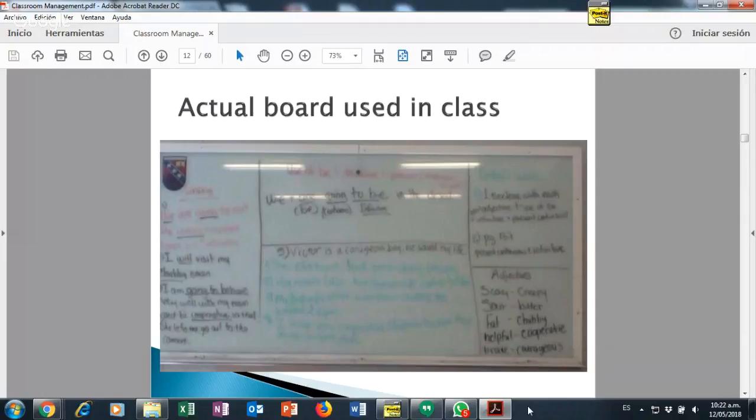And of course, when she was there, this is what I did. We were doing the going to for the future, and I started writing on the board. And she said, congratulations, you did a great job with your board, and I want to have a picture of your board to put it as evidence in my presentation. I said, perfect. So that's how you handle the board.